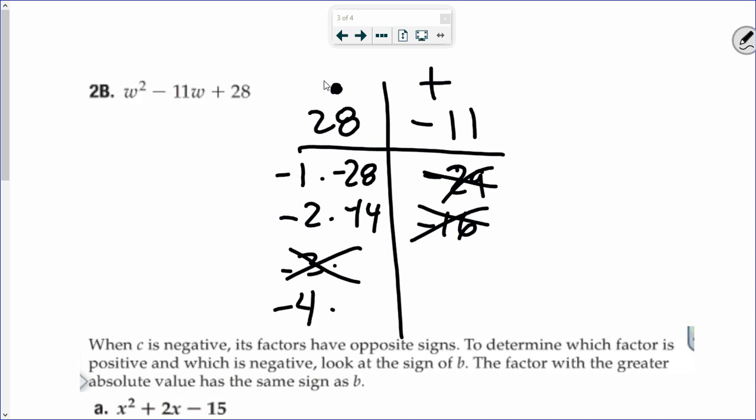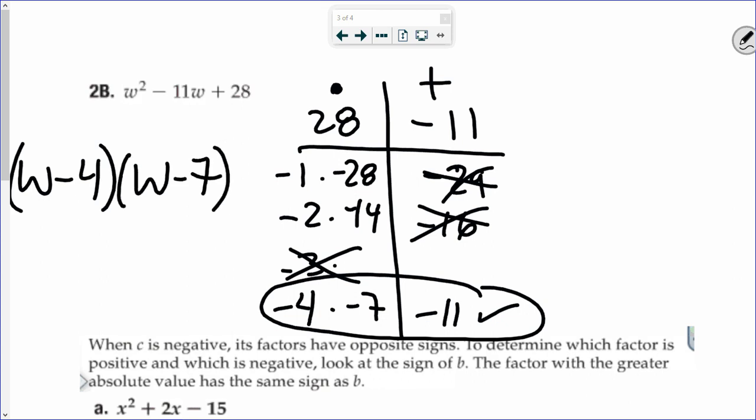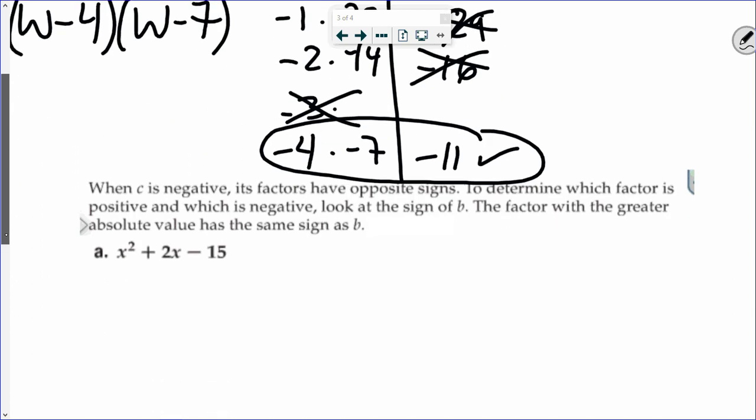Negative 4 goes into 28, excuse me. Negative 4 and negative 7 add up to negative 11. So that would be our winning combo there. So I would have w minus 4, w minus 7. All right. Let's keep moving.